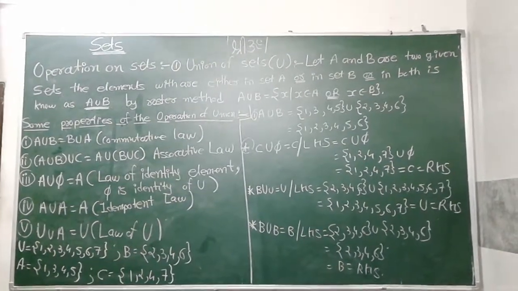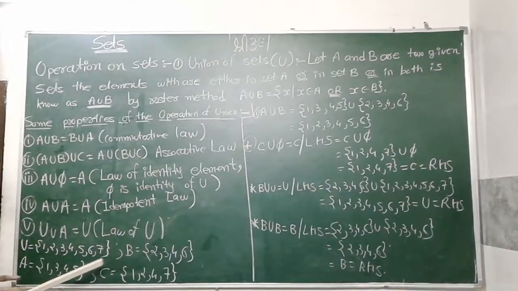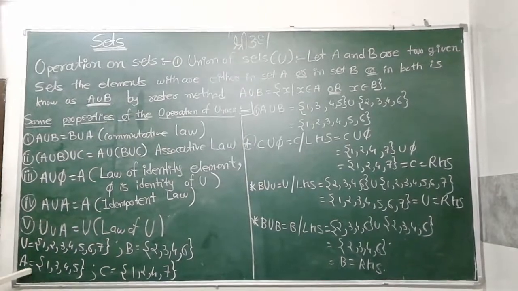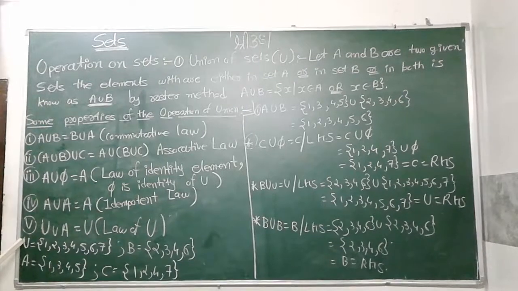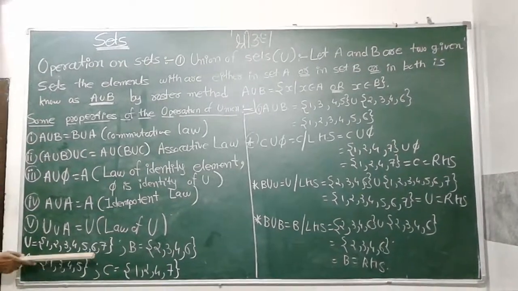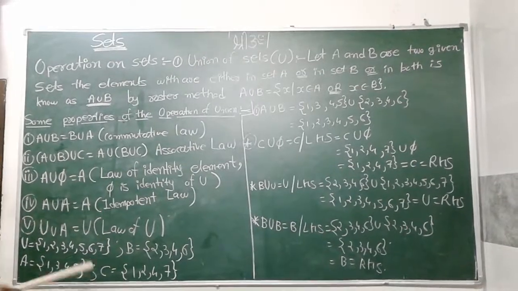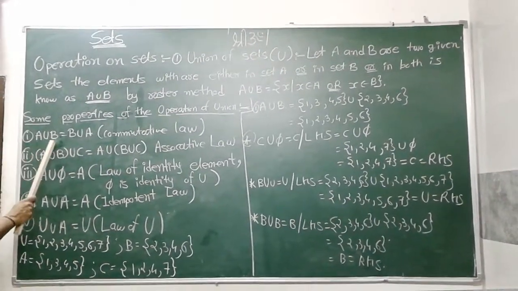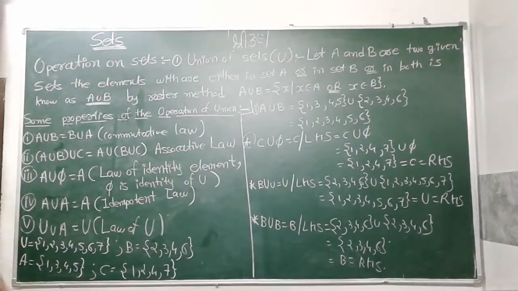So here are a total of 4 sets, but we are getting one set such that the remaining sets must be subsets of it. So A is a subset of U, B is a subset of U and C is a subset of U. If one set is such that all the remaining sets are subsets of it, it is known as the universal set.